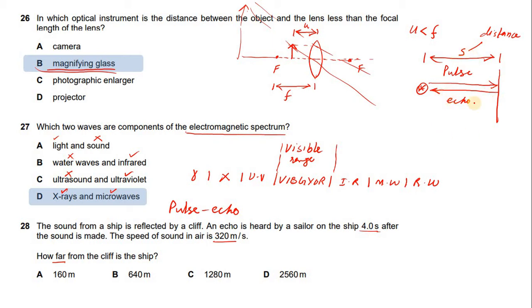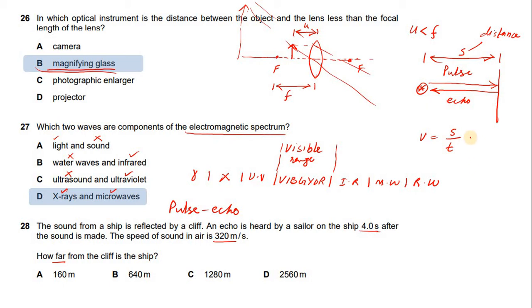Now you know that as per definition, velocity or speed is distance divided by time. S is not the speed, S is the distance. In this case, the distance covered by the sound or the wave is 2s.